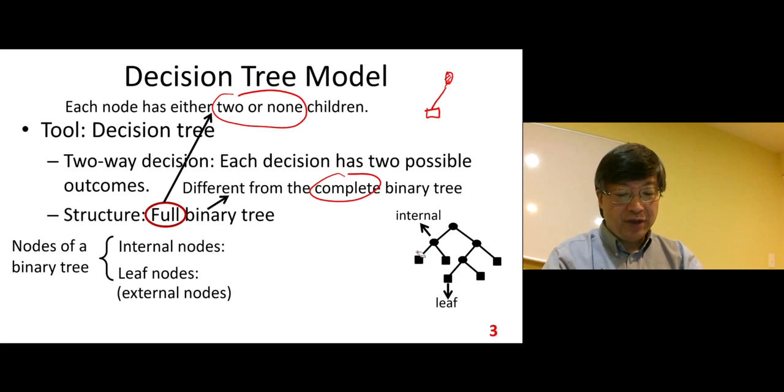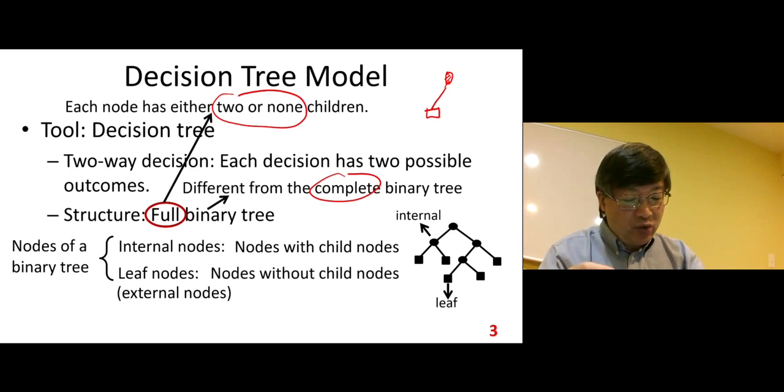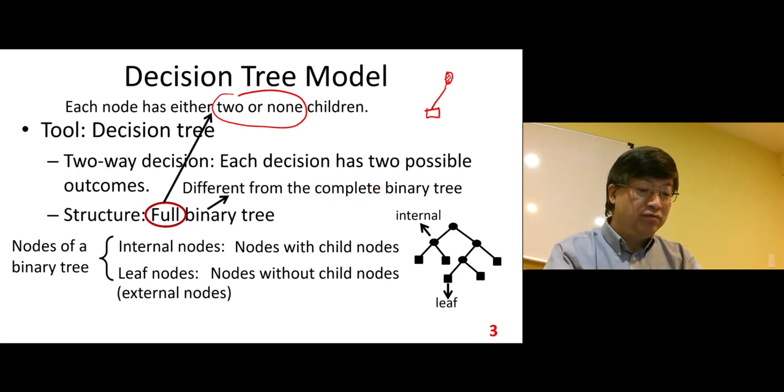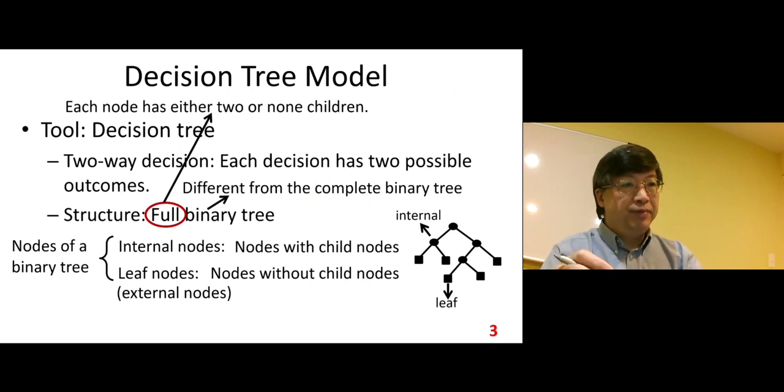You can see this easily from the picture: nodes with child nodes, nodes without child nodes. These are two different types. We saw that before, but here we just revisited this concept.